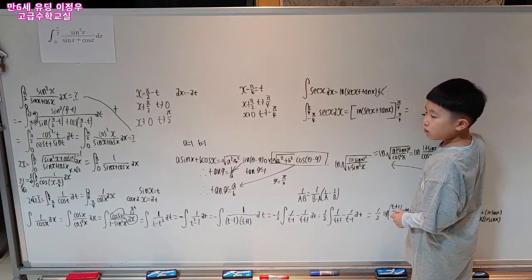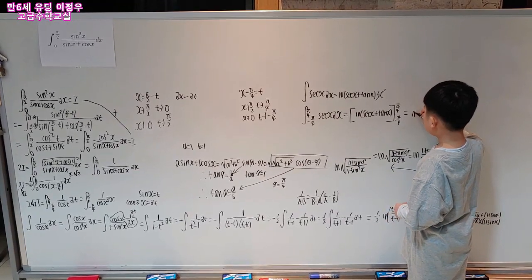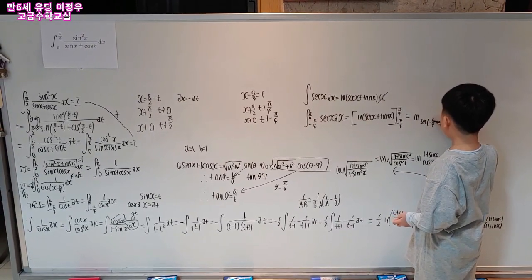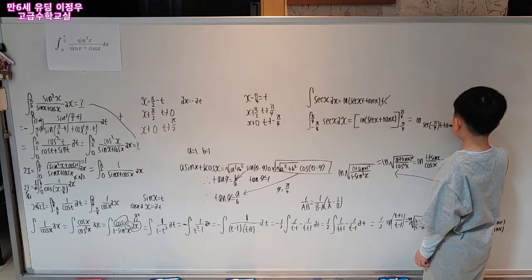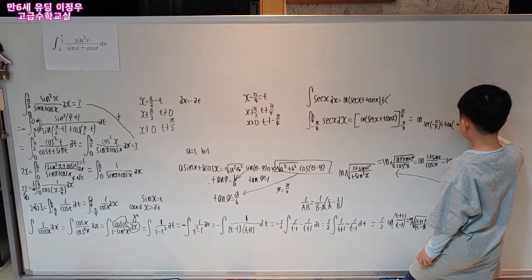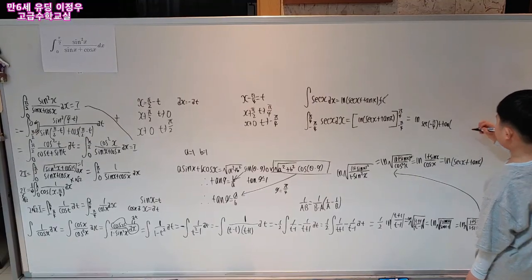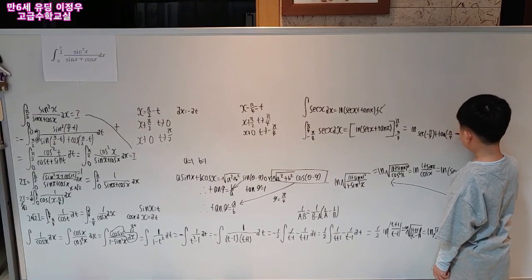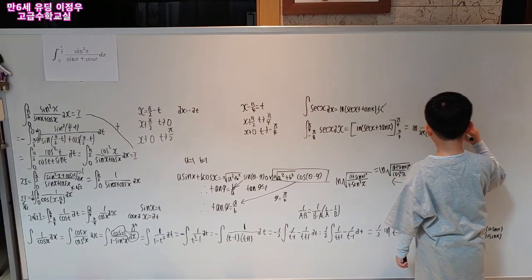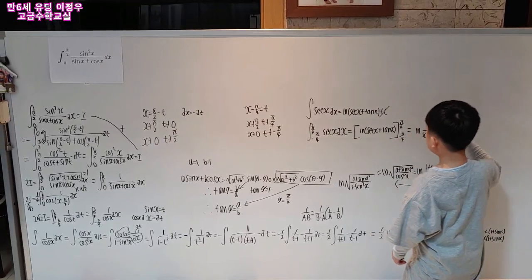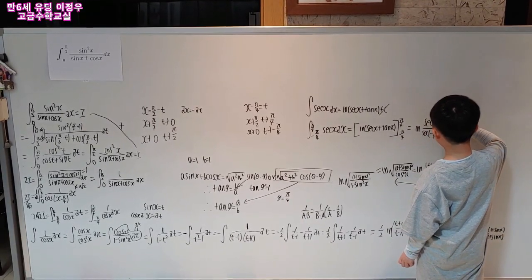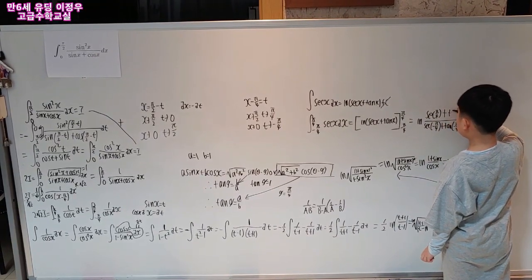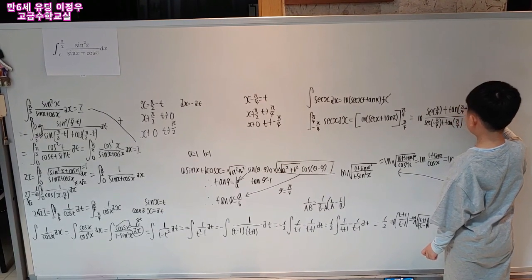This is ln of secant pi over 4 plus tangent pi over 4, over secant negative pi over 4 plus tangent negative pi over 4.